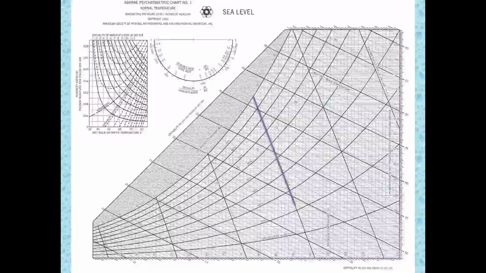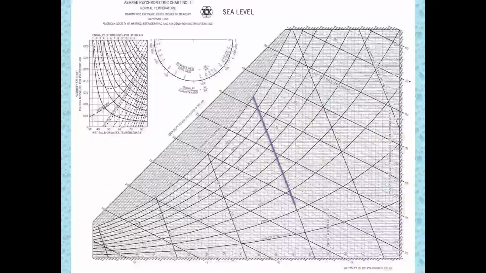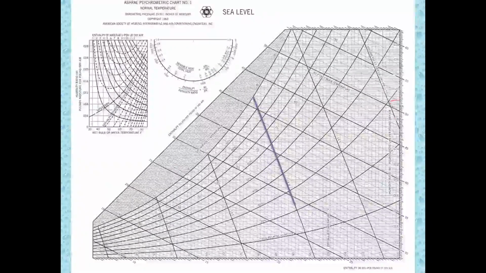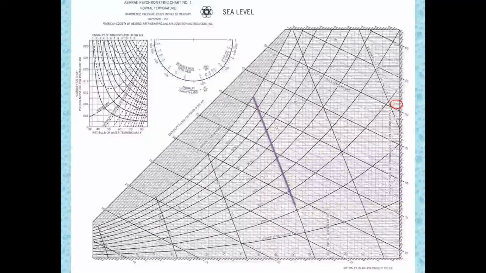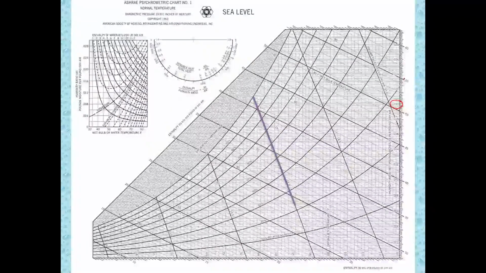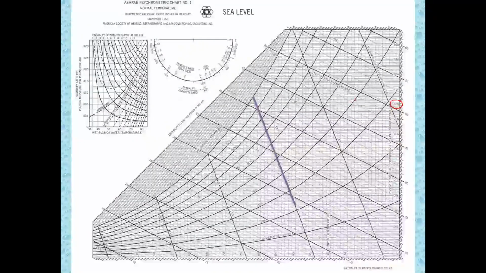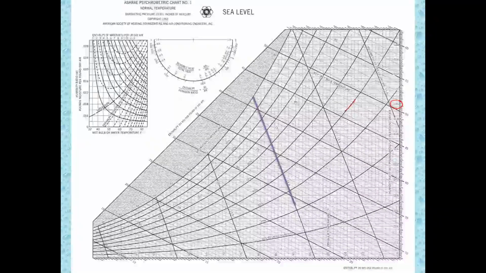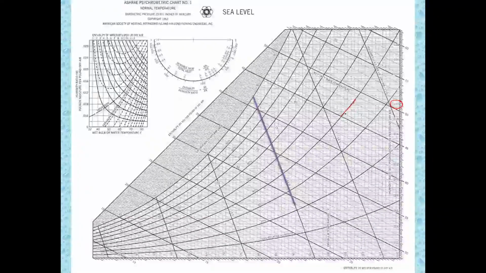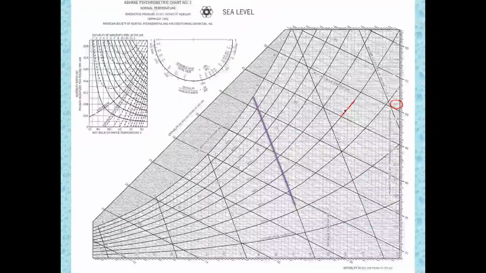And in addition to those, we can read omega or absolute humidity values on the vertical axis. And also we introduce the constant relative humidity lines, curved lines.